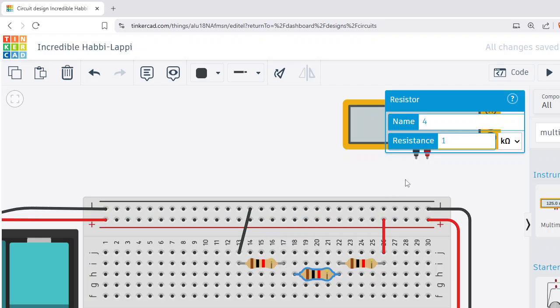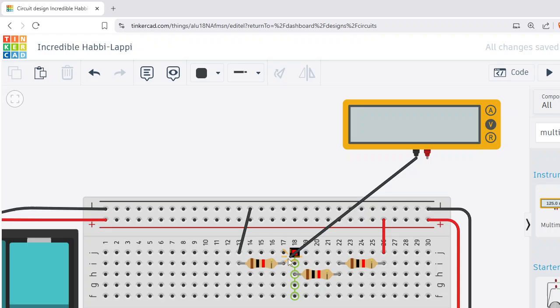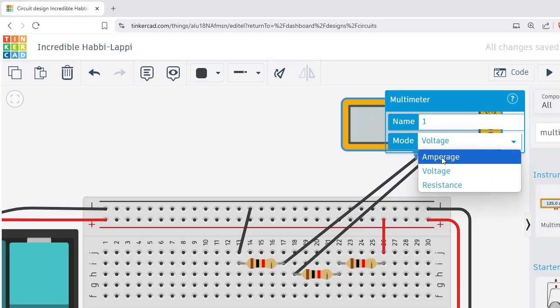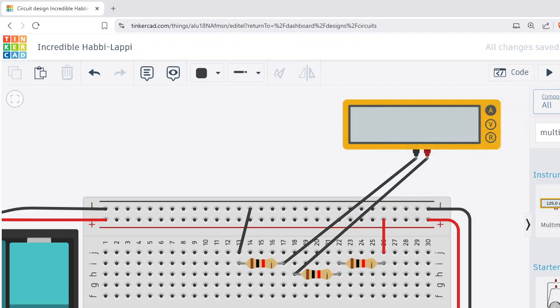So what we'll do is we'll connect the multimeter across this gap now and change this to amperage, and now check the current. See, it is showing you the current, which is 1.5 milliamps.